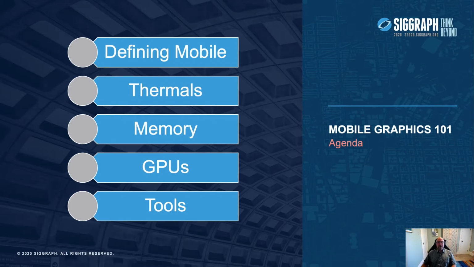Then we're going to have a high-level overview of GPU approaches and why mobiles tend to favor a particular approach, and there may be some hints along the way that you may pick up as we have this discussion. And finally, we'll touch on a few tips and gotchas when analyzing the software you're running on these devices.